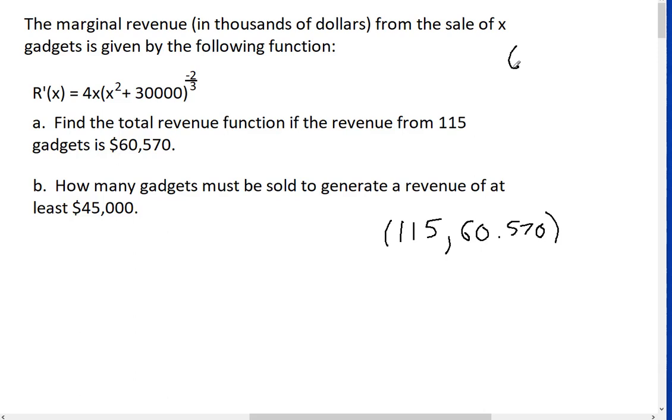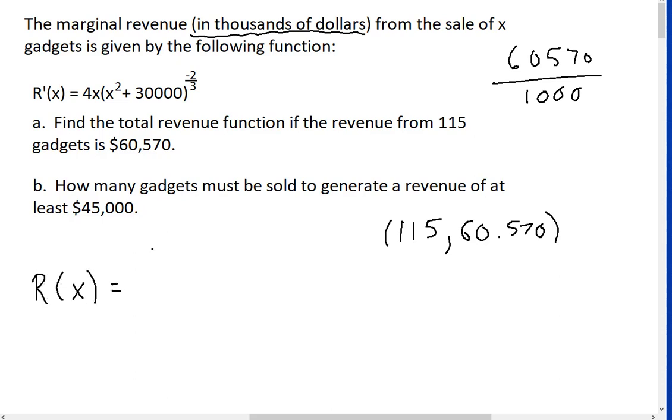You take 60,570 and you divide it by 1,000. So they went ahead and multiplied by 1,000, so it's kind of a tricky thing there, but we need to divide by 1,000.